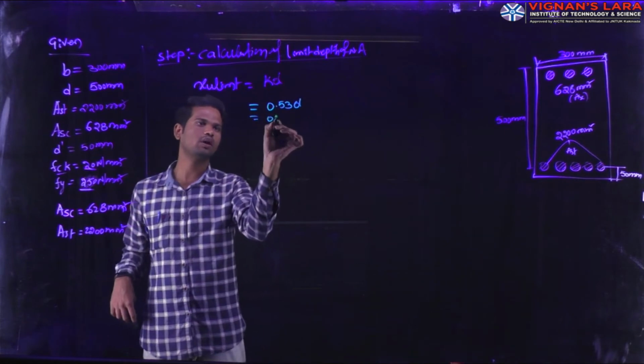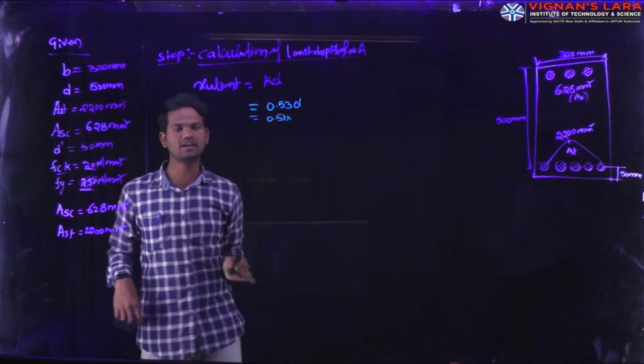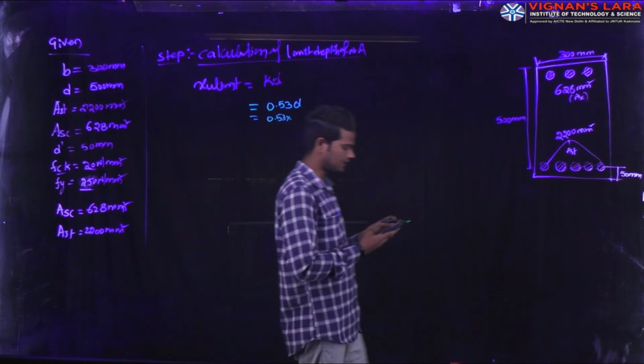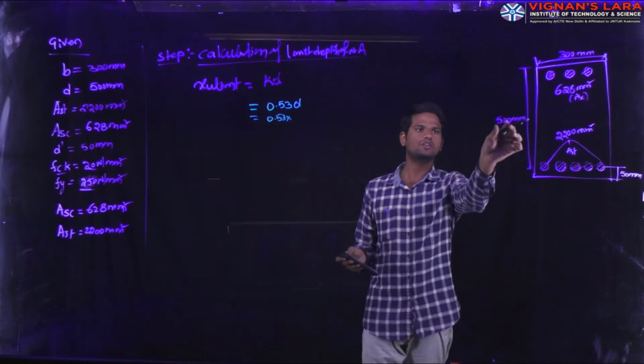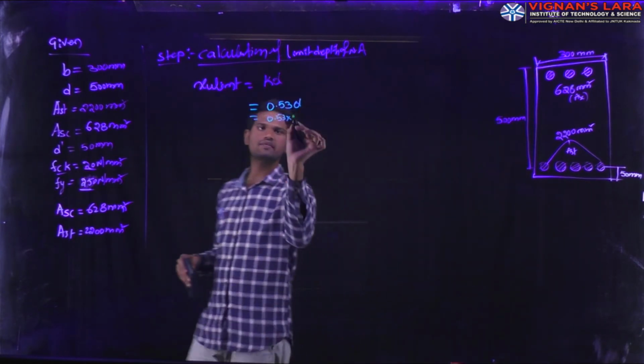So 0.53 into D, where D is the effective depth of the beam given in the problem, which is 500.